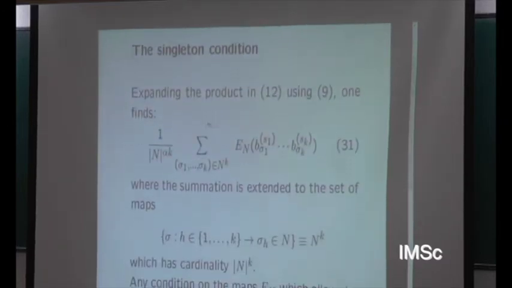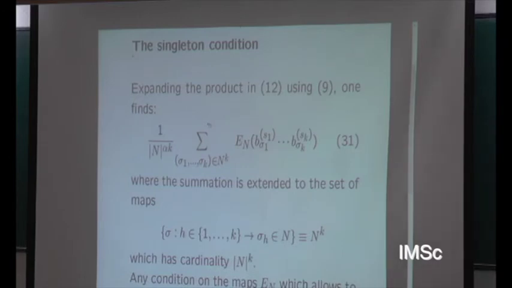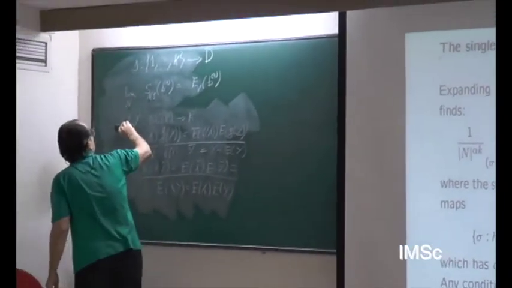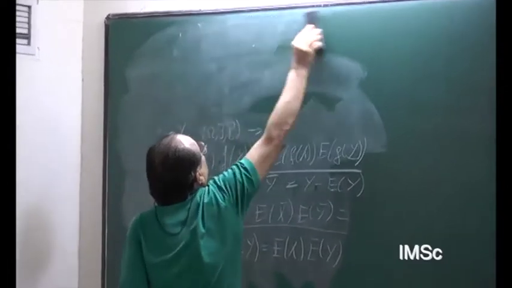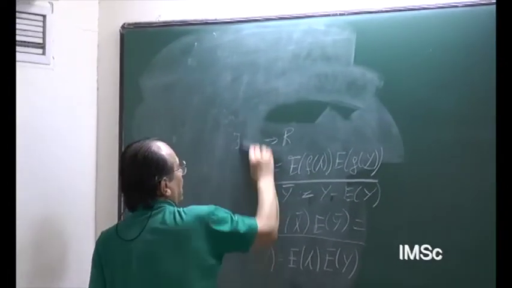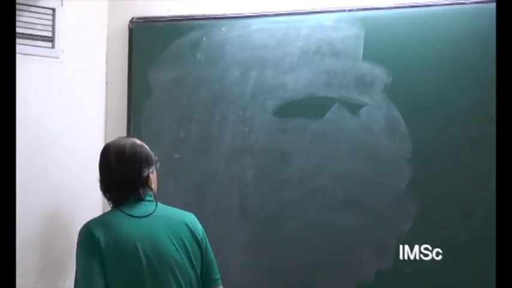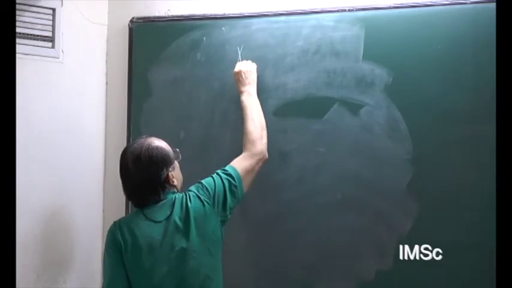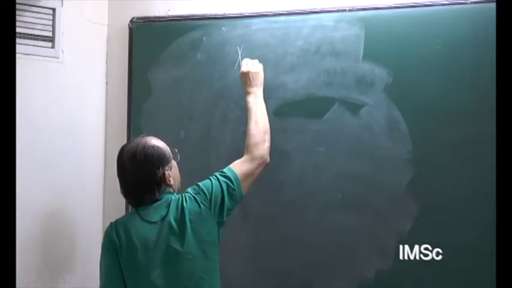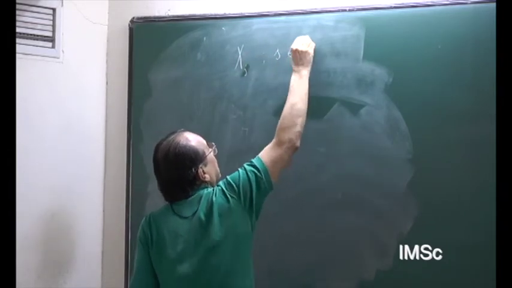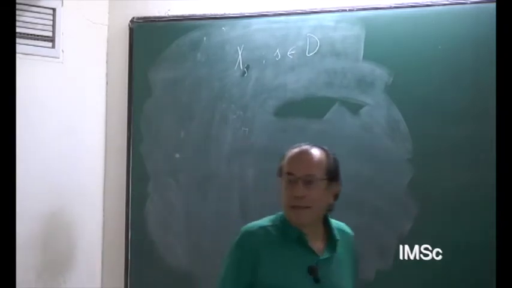So now we come to what we need: the singleton condition. Let me explain the origin of the singleton condition. It comes from classical probability. Remember, in our case we have a vector valued random variable with the components xs.